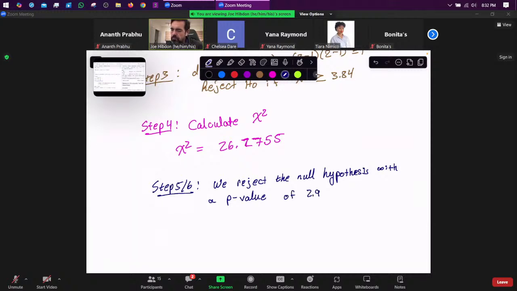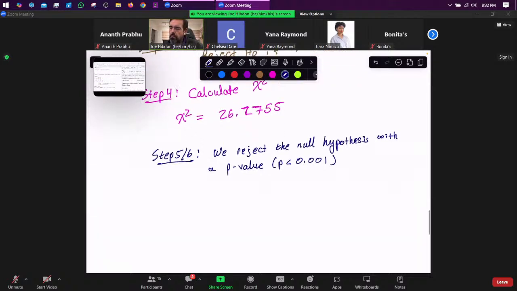P-value. Again, I'm gonna do this one in student pink. Pink stands out, and I like pink.